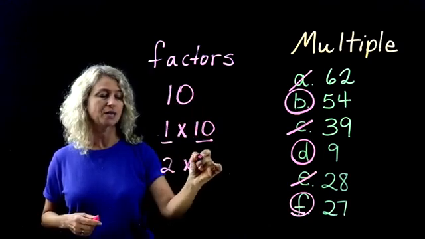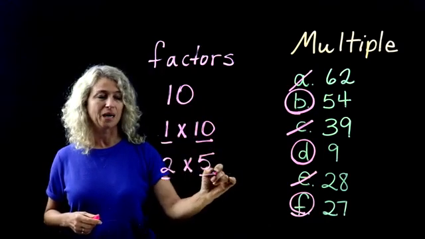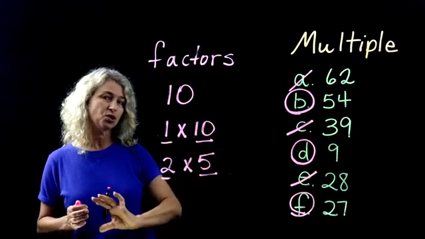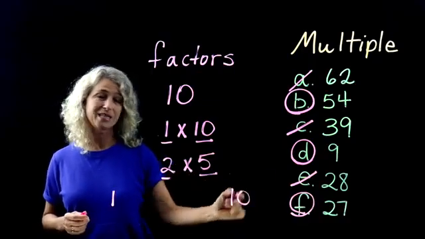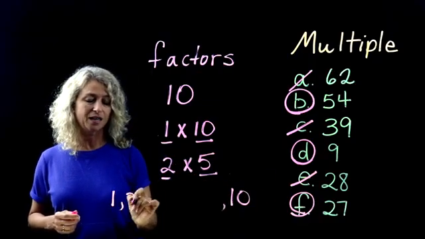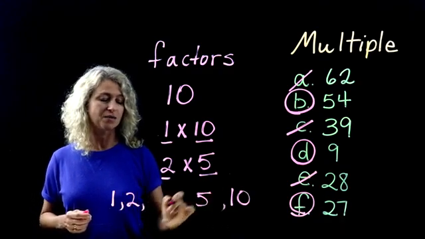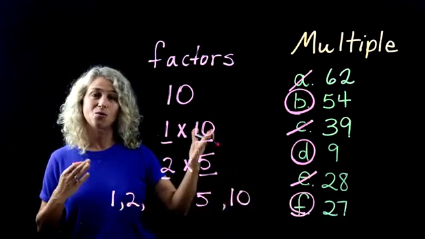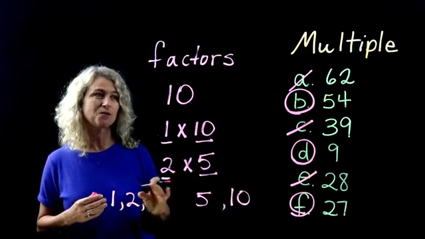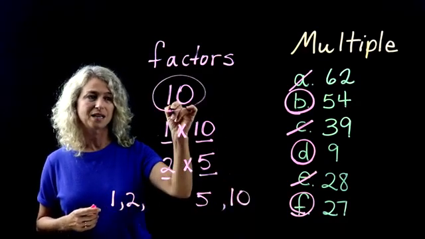Also, 2 times 5. And in this video, I showed you how to write them out in sequential order by saying 1 times 10 and 2 times 5, so that they're placed in order from least to greatest. But either way, you know that these are the factors for the number 10.